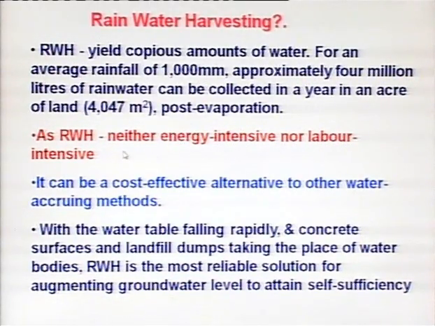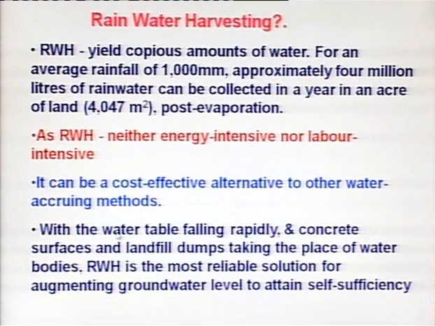As rainwater harvesting is neither energy intensive nor labor intensive, it can be a cost effective alternative to other water sourcing methods. That is the very beneficial use of rainwater harvesting.